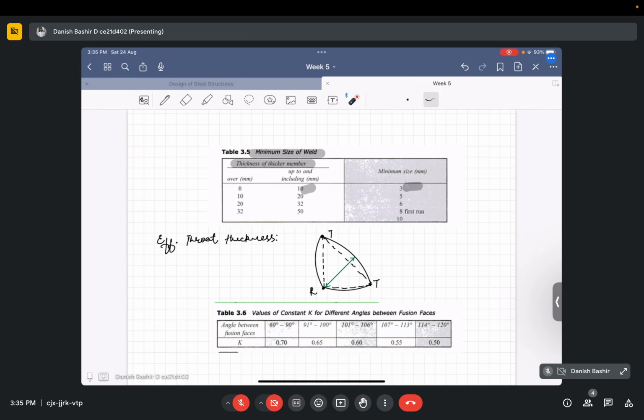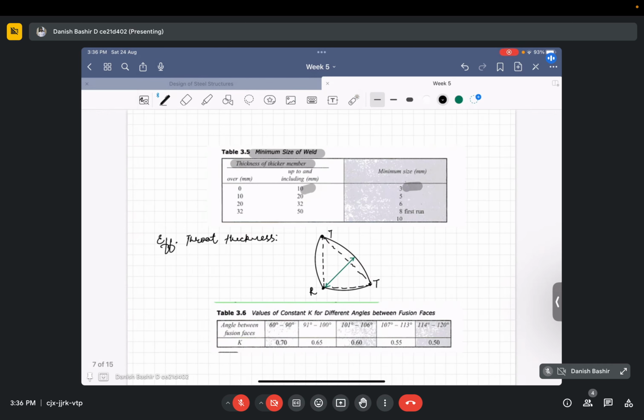And this actually has to be the shortest distance. We could have taken the throat thickness to be this also, but out of all these you will see this to be the shortest distance. So we take it as the effective throat thickness.